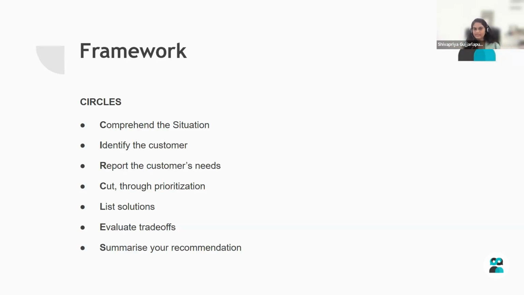Then once these needs are clear in our minds, we come up with brainstorming the solutions. This is where a lot of practice comes into the picture. It might look very simple when I solve a case live in this session, but it takes a lot of practice and probably a bunch of mocks.